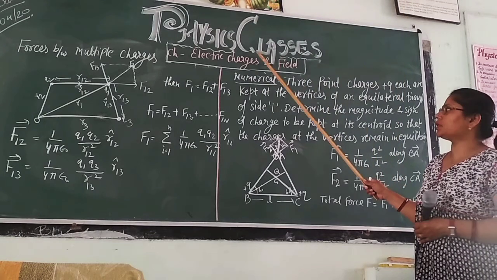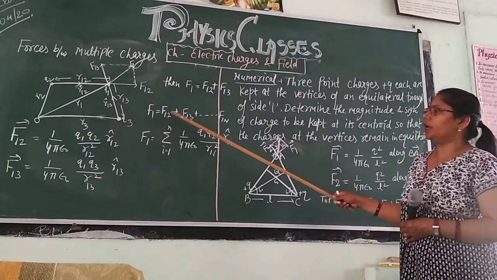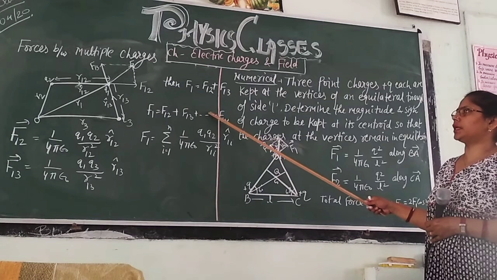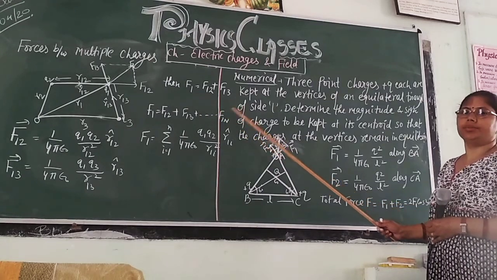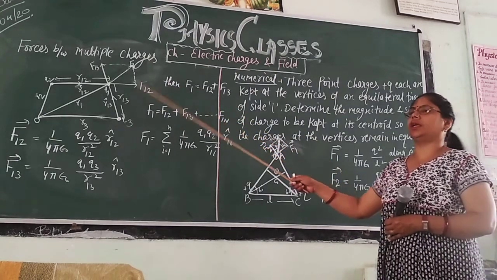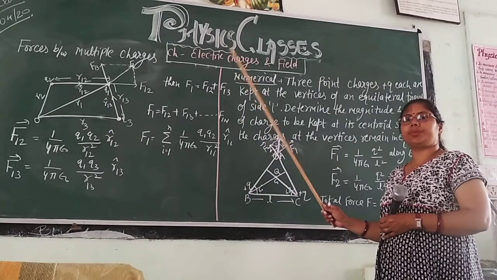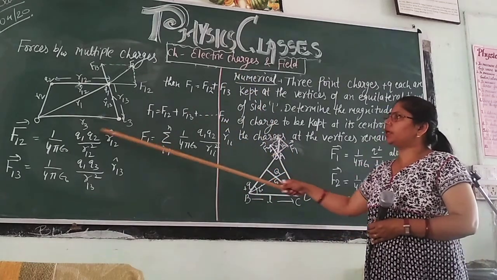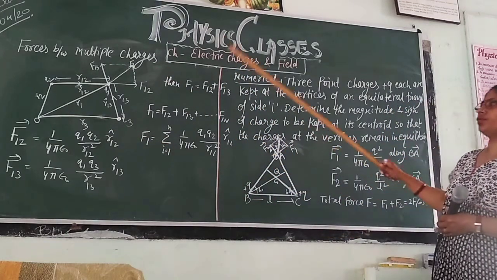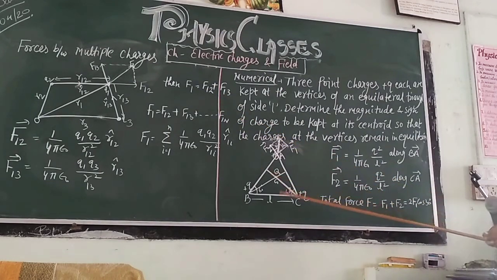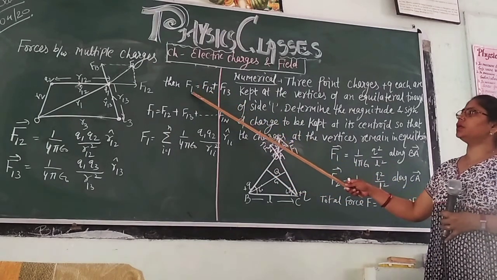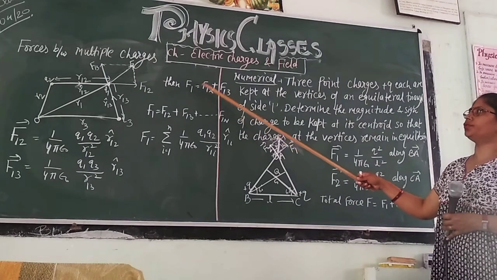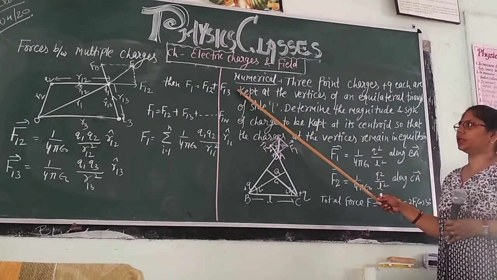If n particles are present, then total force will be F12 plus F13 plus so on up to F1n. But in this figure, we see that a total of 3 charges are present, so the total force on Q1 is F1, which is equal to F12 plus F13.